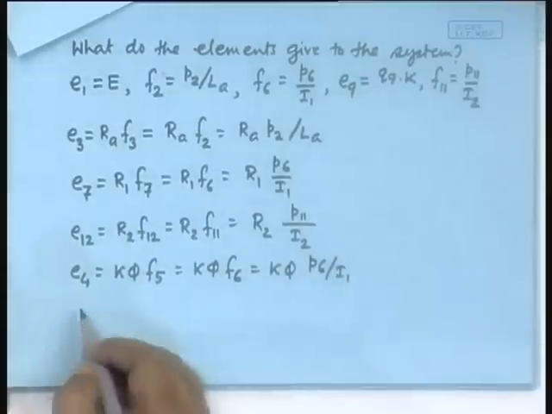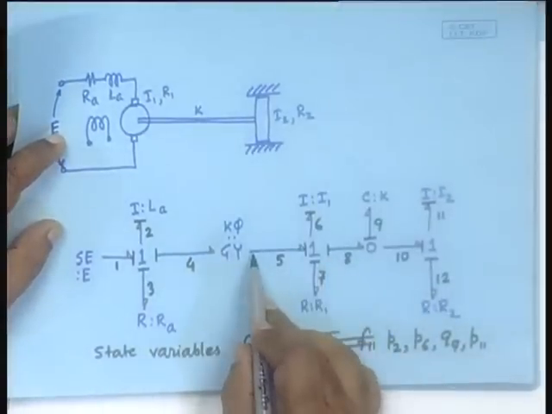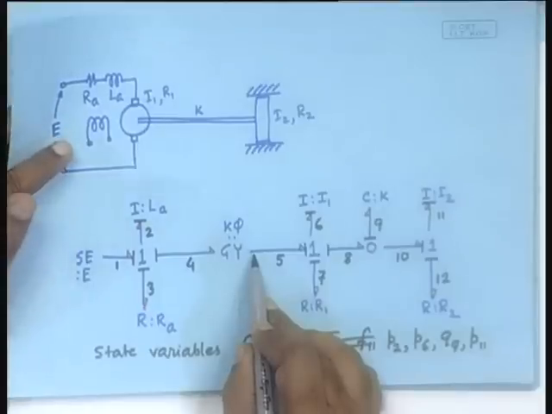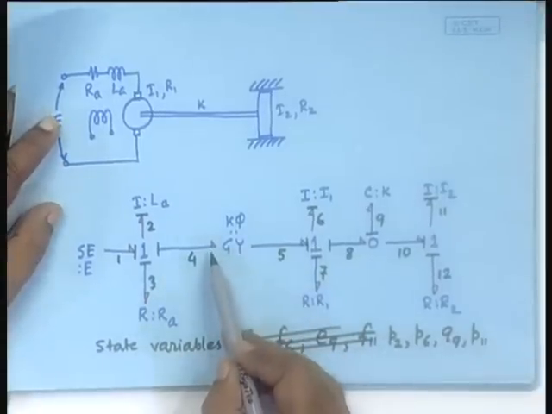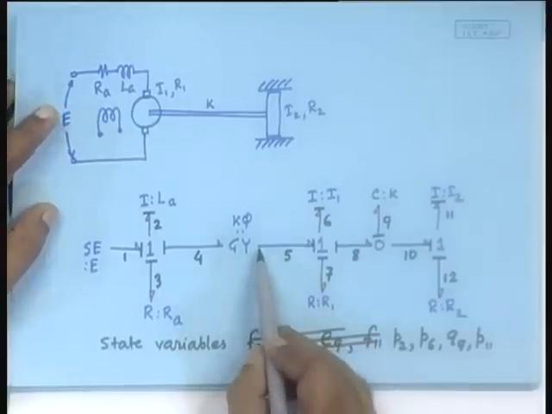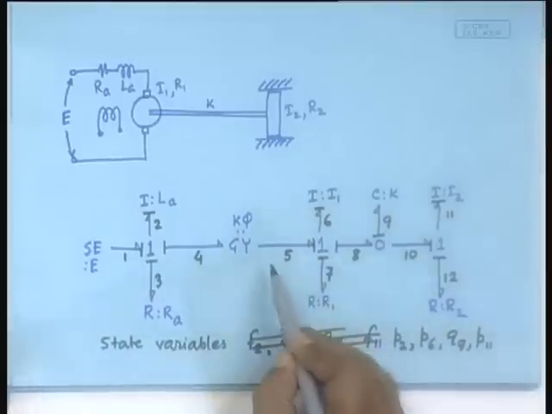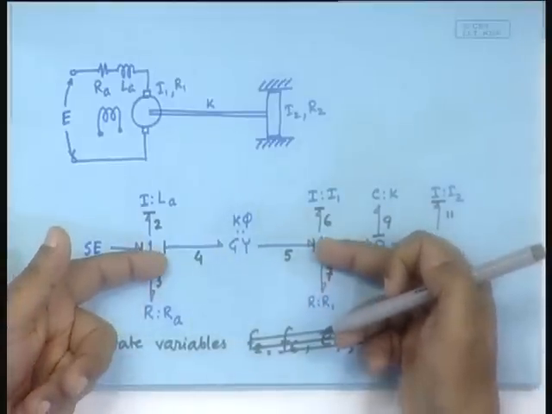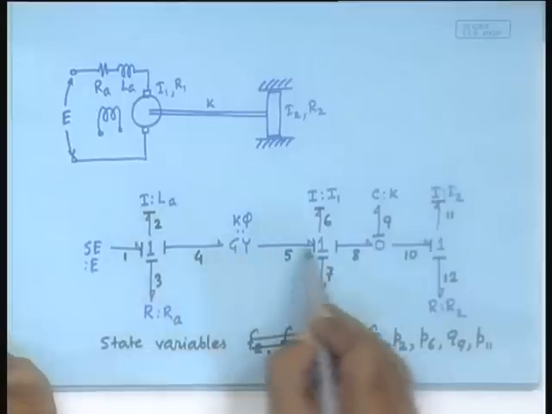Done. Next, what does it give to this side? It gives E5, because of the causalities. The way the causal structure is there, it gives E to this side, E to this side.